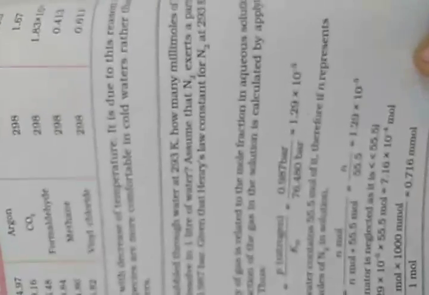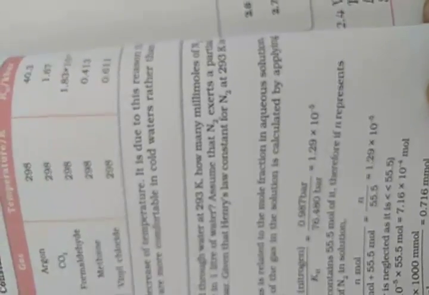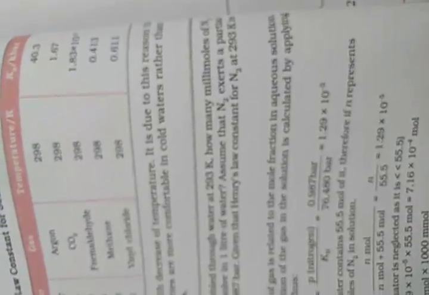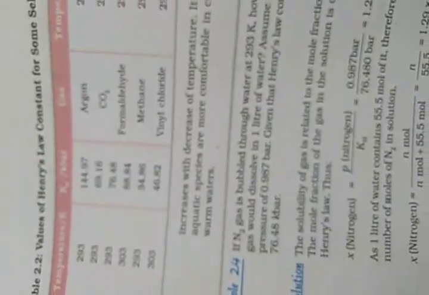They have asked how many millimoles of nitrogen gas would dissolve in 1 liter of water, given Henry's law constant and partial pressure. So in 1 liter of water, 0.716 millimoles can be dissolved.